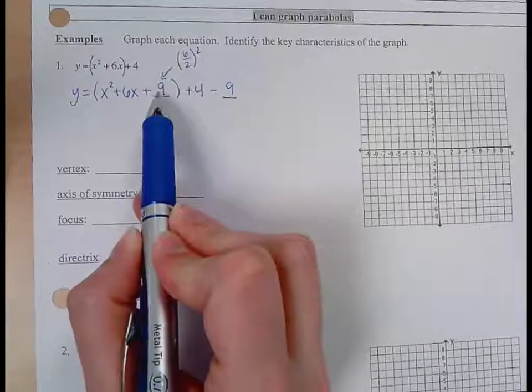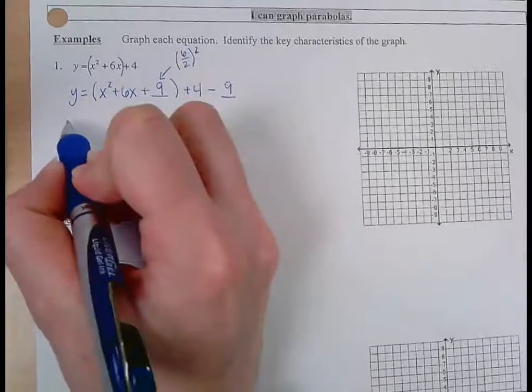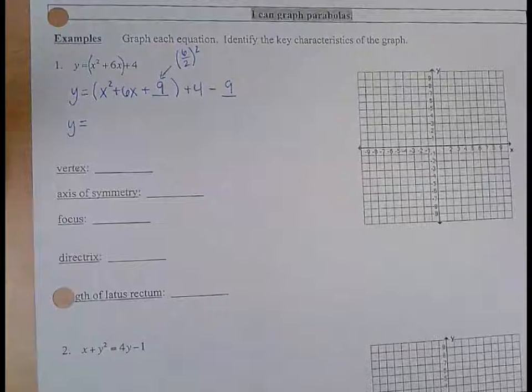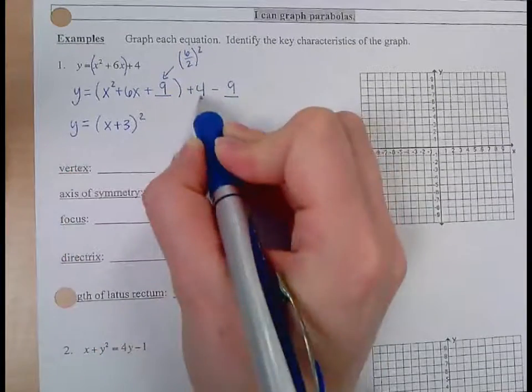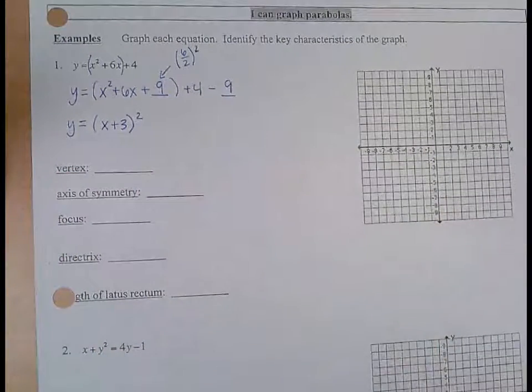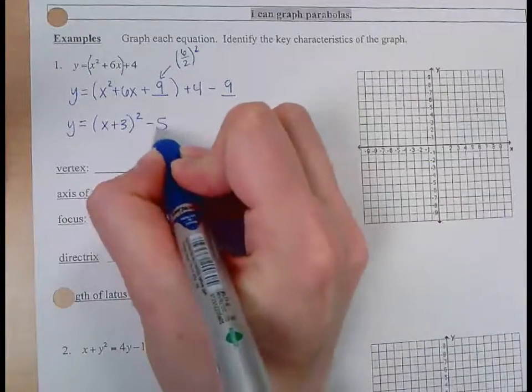Then the x squared plus 6x plus 9 gets factored. So in factored form, what would that be? What quantity squared? X plus 3, yep. And then I have 4 minus 9 at the end, so minus 5 it would be.